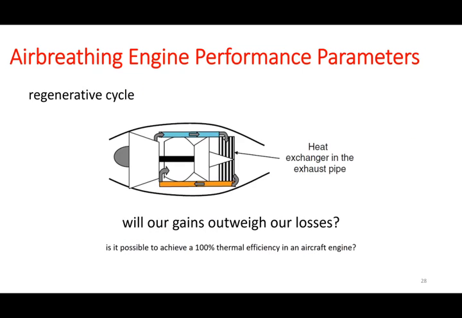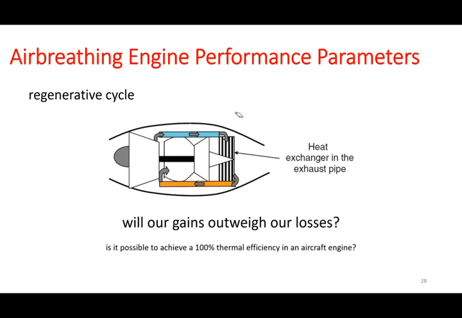Okay. One of the methods that we can use to recover some of the wasted energy is a regenerative cycle. A regenerative cycle is essentially putting a heat exchanger in the exhaust pipe, before the exhaust exit, that is going to heat up the air that is going into your combustor.